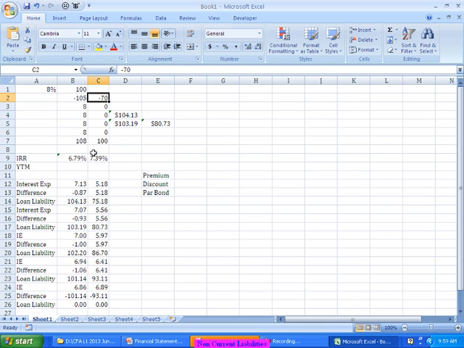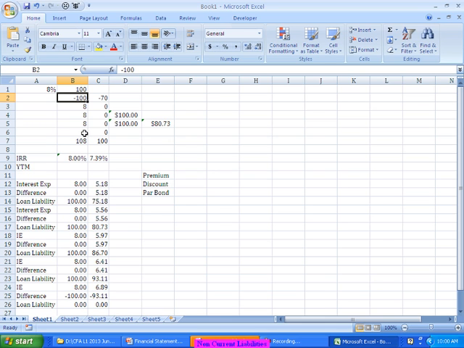And if the coupon is the same as the IRR, you will find that bond to be a par bond. So any question talking about a par bond means that it is already purchased at the face value itself.